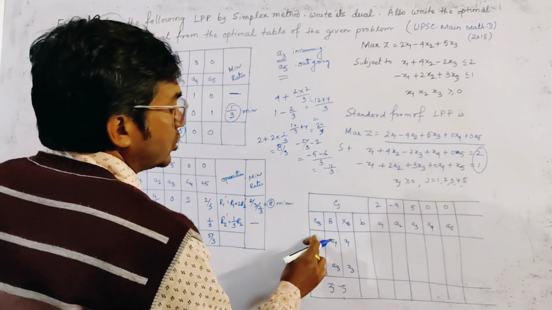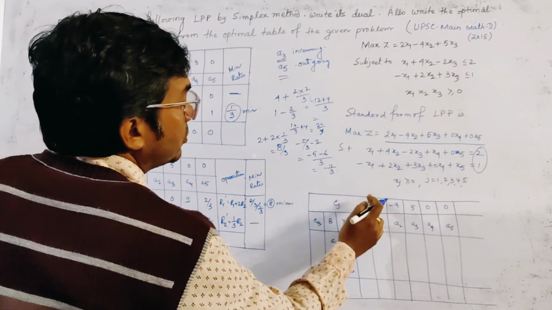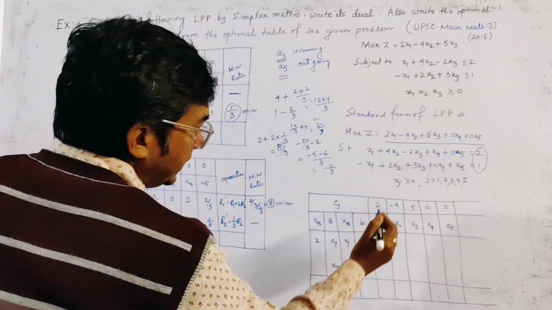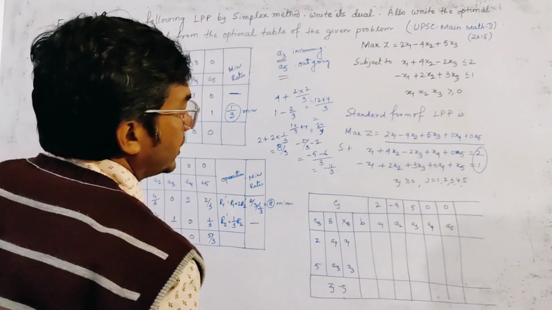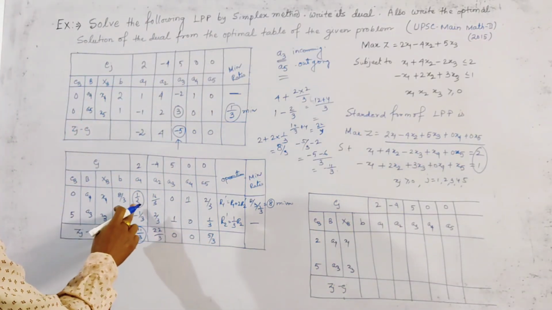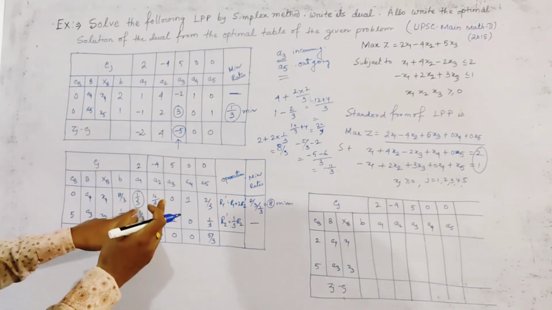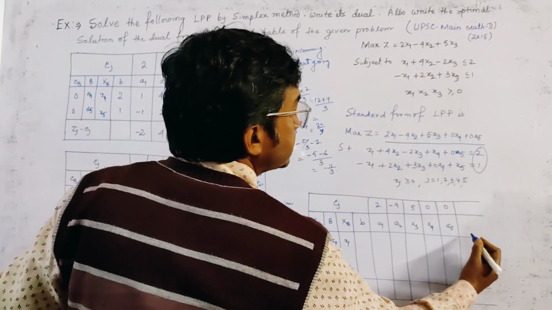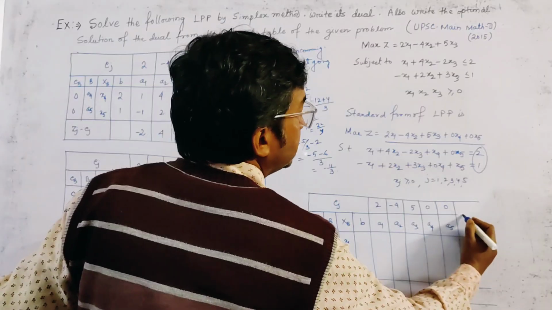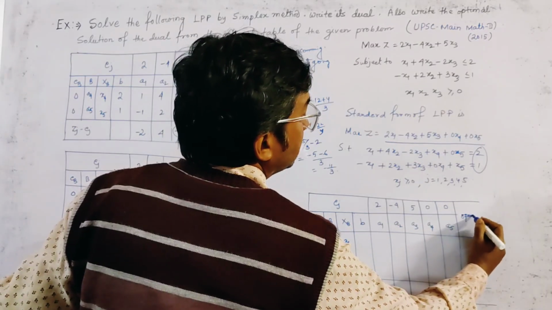We write the corresponding cost of A1 is 2 and A3 is 5, right? And now we convert 1/3 to 1. So we make an operation. Here we write the operation column.